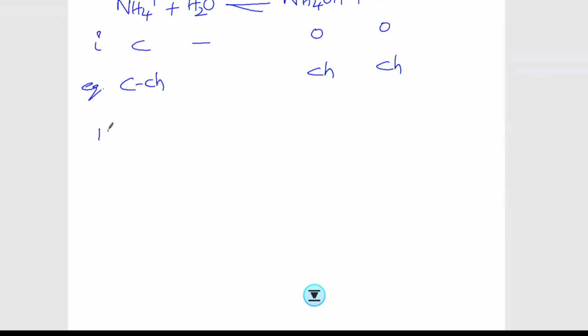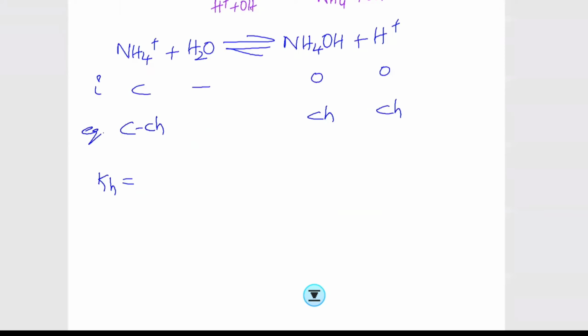If I write the hydrolysis constant for this one, it is just like an equilibrium constant: the products' concentration divided by the reactants' concentration. So NH4OH into H plus divided by NH4 plus.